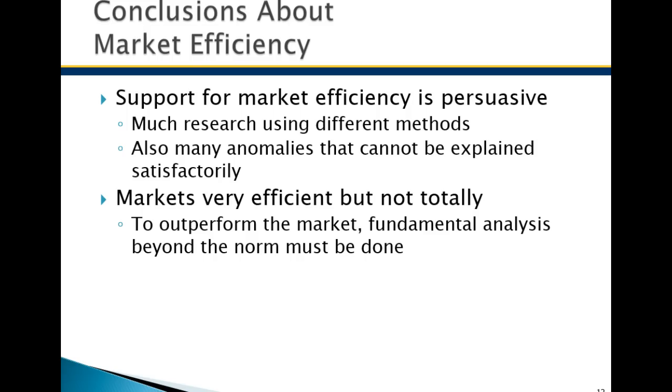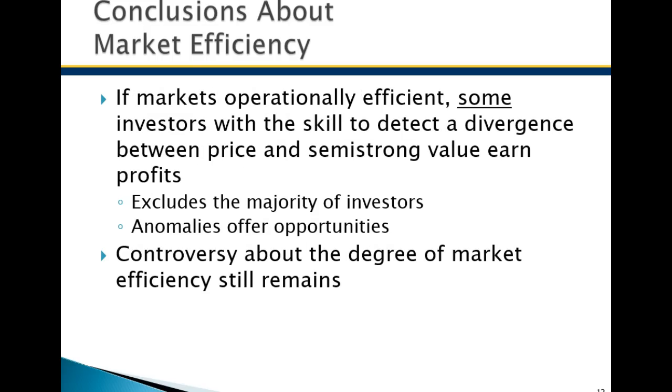But there's been much more research that shows the strong form of efficiency is not accurate, and that fundamental analysis, inside information, or even technical analysis can help make you above average returns. And some of the strongest evidence is that people have been doing it. There have been managers and stock traders who've been getting above average results by using these techniques.